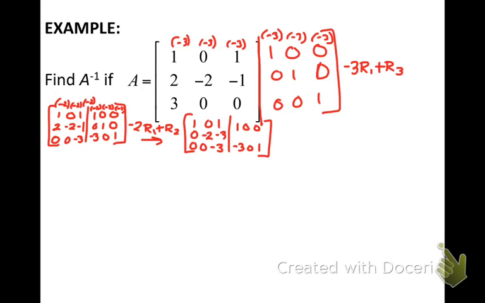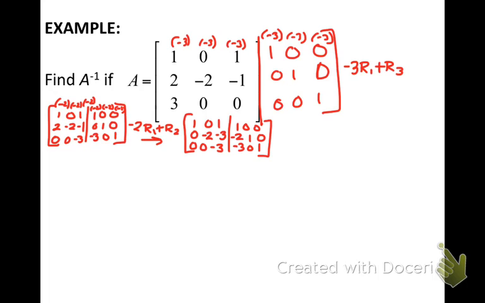I'm just saying all this out loud so I don't make any mistakes. Negative 2 times 1 is negative 2, plus 0 is negative 2. Negative 2 times 0 is 0, plus 1 is 1. Negative 2 times 0 is 0, plus 0 is 0.